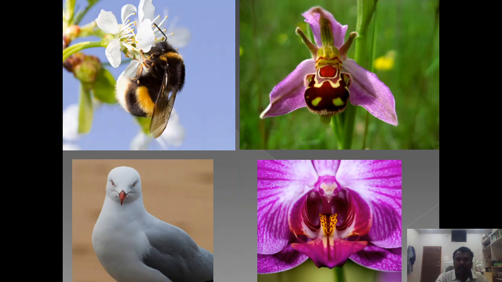Now we are going to see some of the wonders of the orchids. You can see here this is a bee. Here the labellum or lip also looks like a bee. Then you can observe the beak of the dove. You can see the rostellum position. It looks like the beak of the dove.